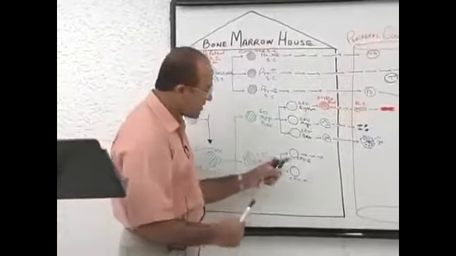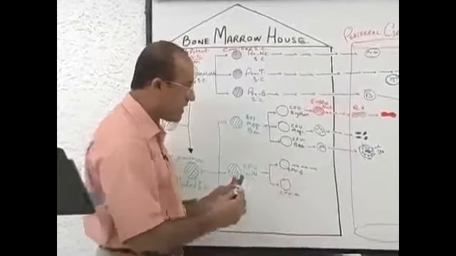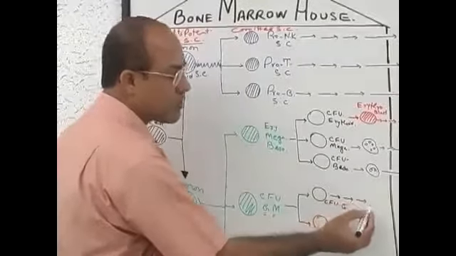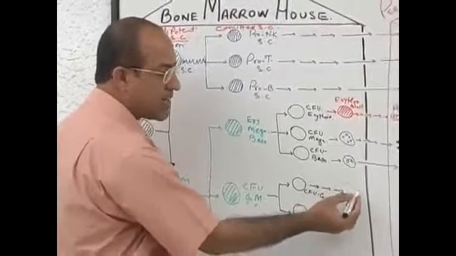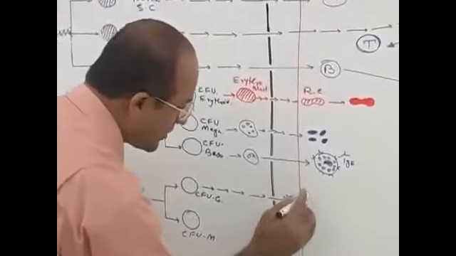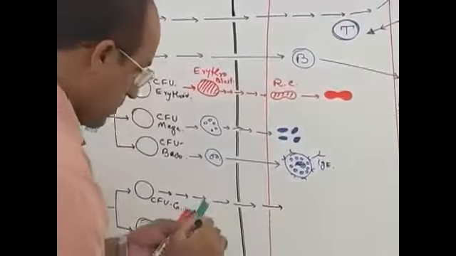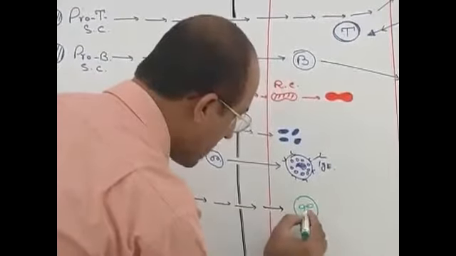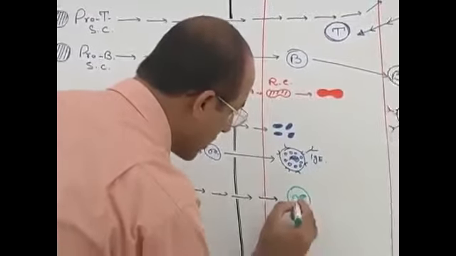Of these precursor cells, the colony forming unit for granulocyte will of course pass through promyeloblast, then myeloblast, then myelocyte, and eventually it will convert into, you must be knowing, the neutrophil. And please remember, neutrophil is also a granulocyte.